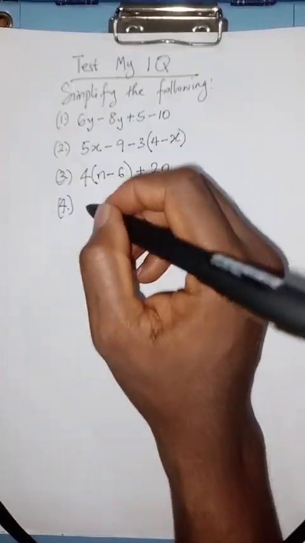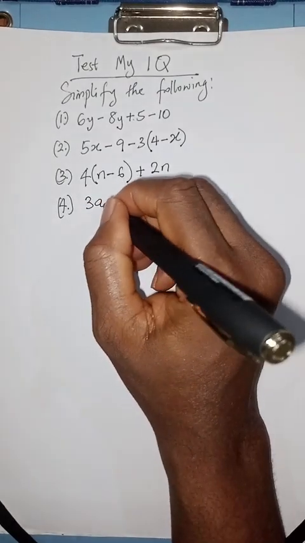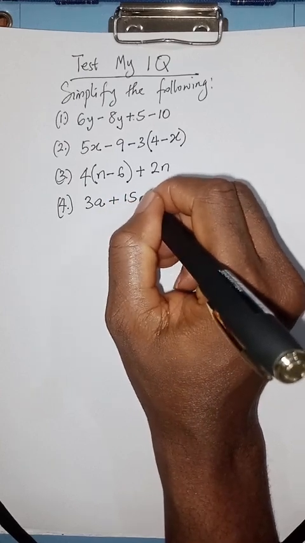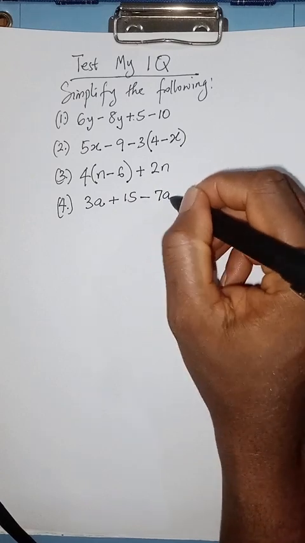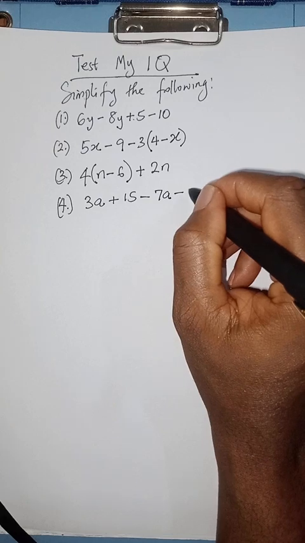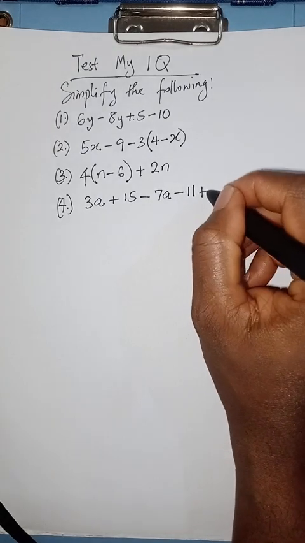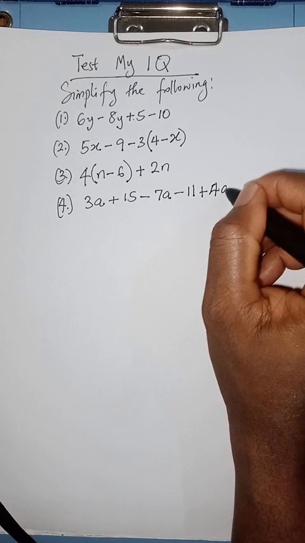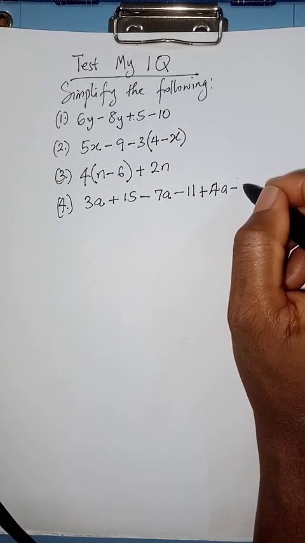Number 4, I have 3a plus 15 minus 7a minus 11 plus 4a minus 5.